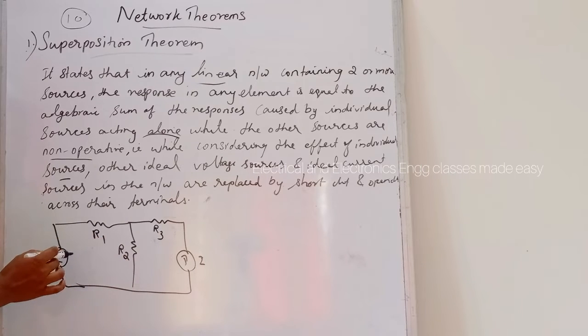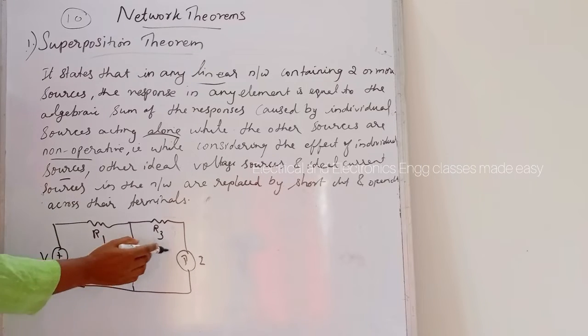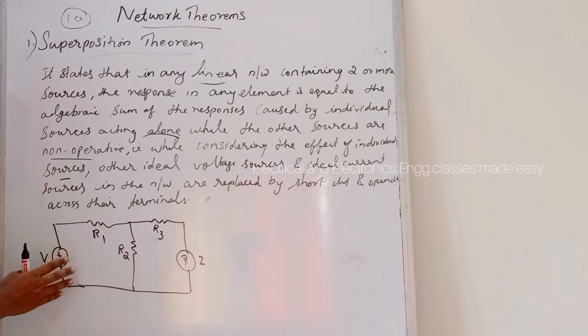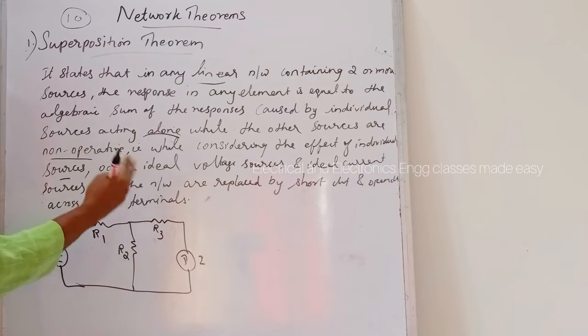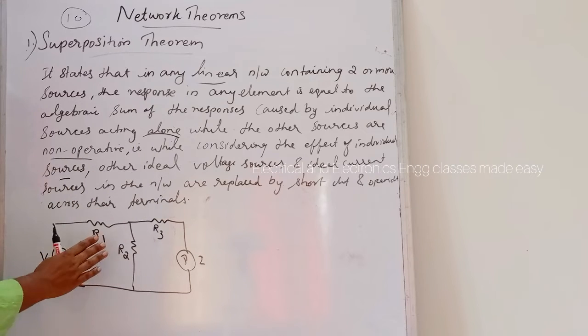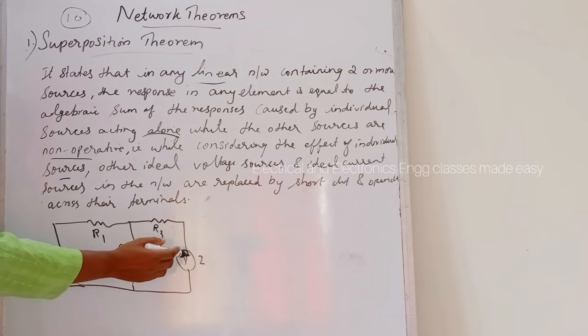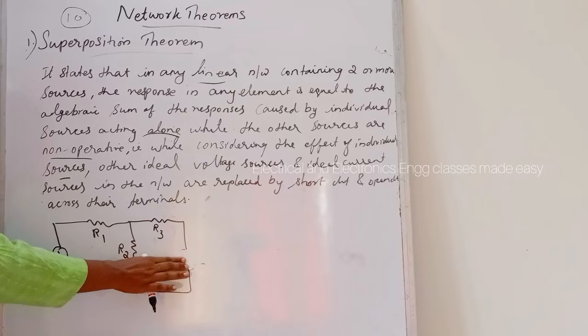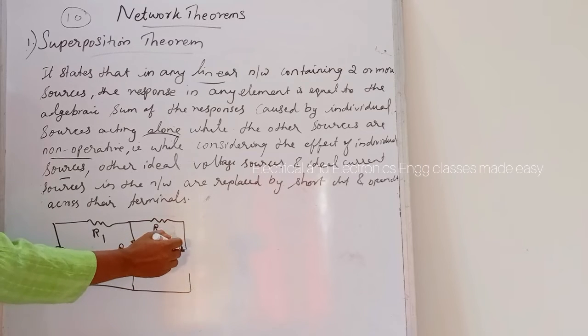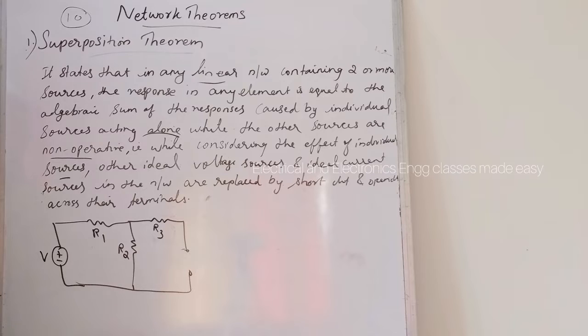First of all, we will inactivate one source and consider the other source. Suppose we are considering this voltage source, then this current source we have to inactivate. For that, this current source is open circuited.